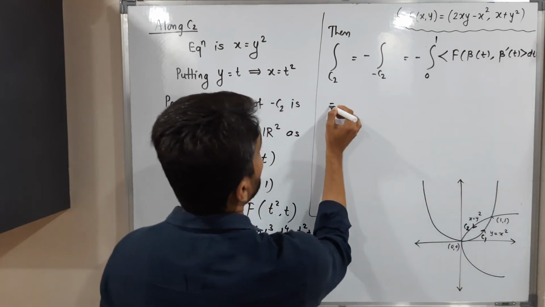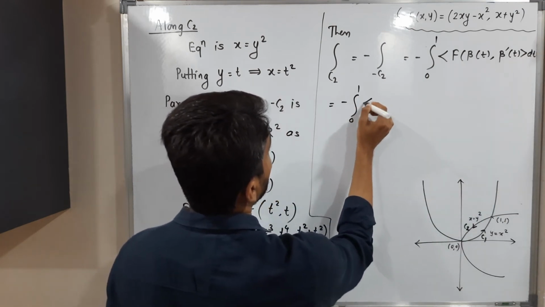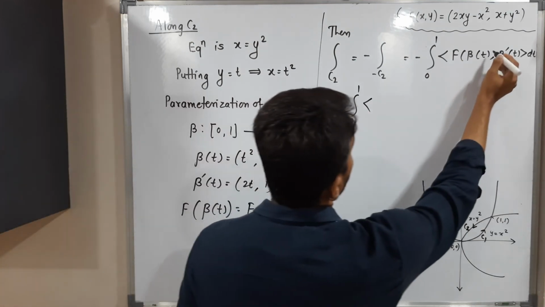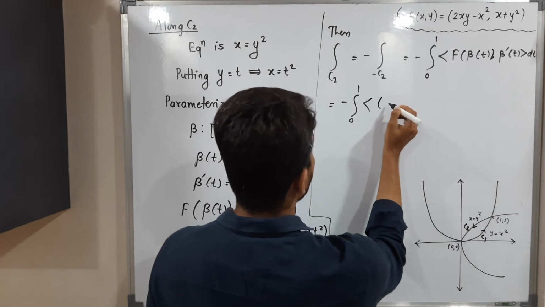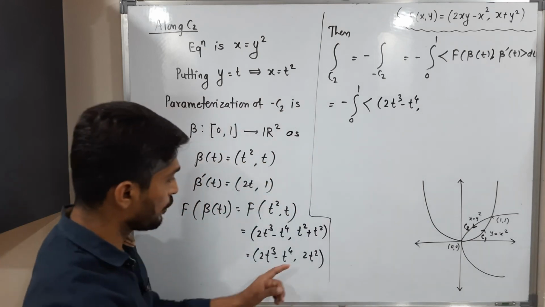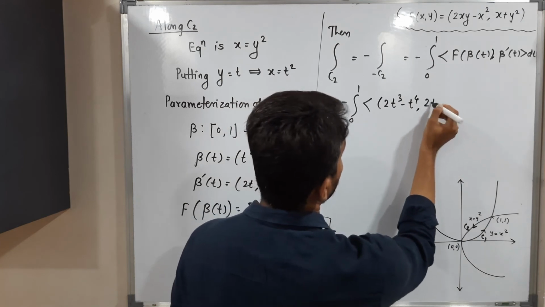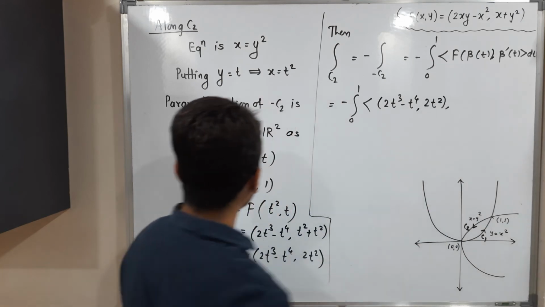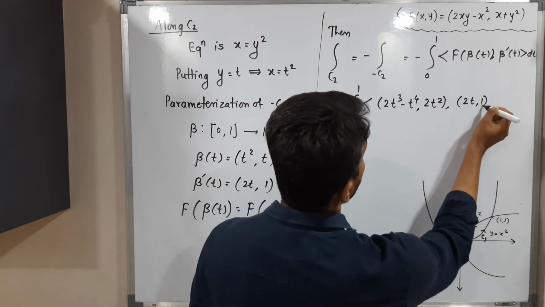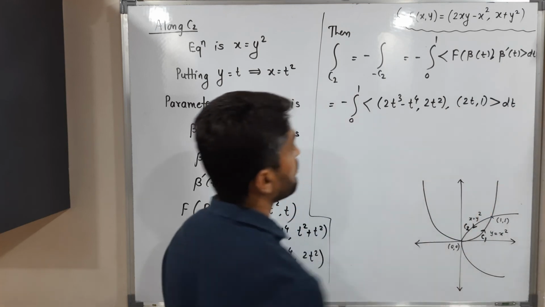So this is equal to minus integral 0 to 1. Let me put f of beta of t, which is this one: 2t cube minus t raised to 4 comma 2t square. Beta dash of t, what is it? 2t comma 1. So you know well how to find the value of the inner product.